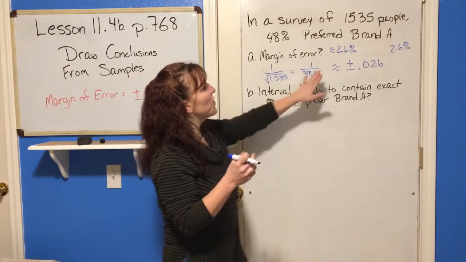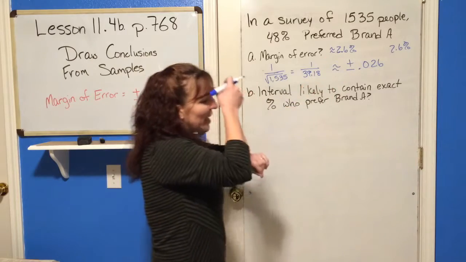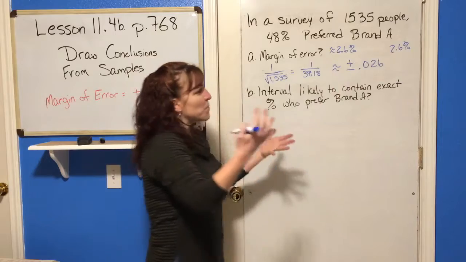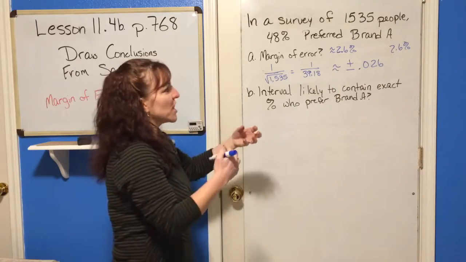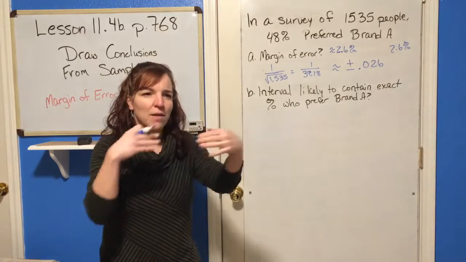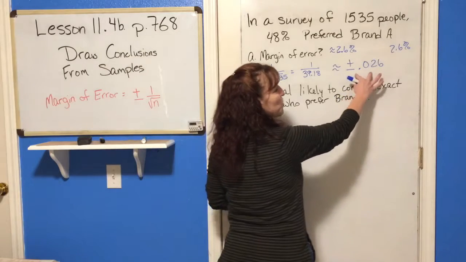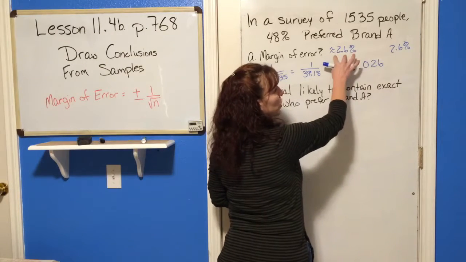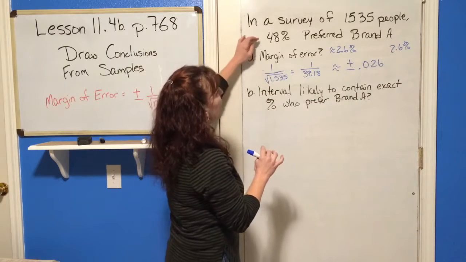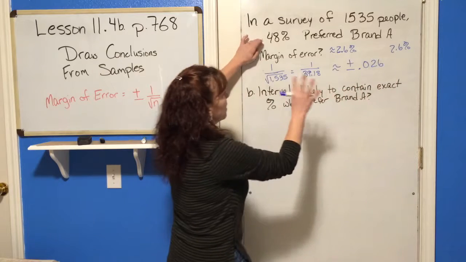Because we have a margin of error of 2.6%, make sure that when you're doing this, you're dealing with either percents or decimals. Don't get confused and match up decimals and percents. So our margin of error is plus or minus 0.026 or 2.6%. Either of those is a correct answer. We usually just leave the margin of error as a decimal, but not always.